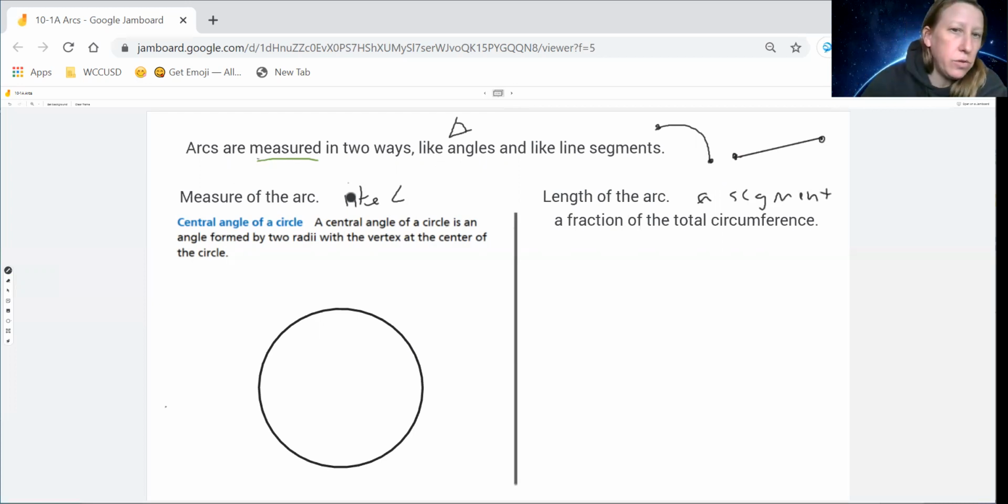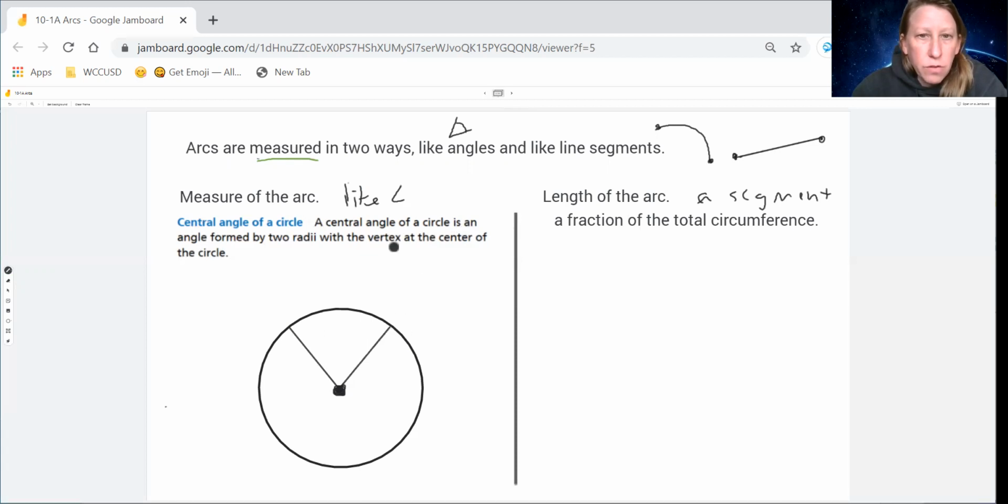Now, let's draw what's called a central angle. A central angle will come back again, but it's an angle that has its vertex at the center. The central angle of a circle is an angle formed by two radii. So here's a radius, and here's another radius.